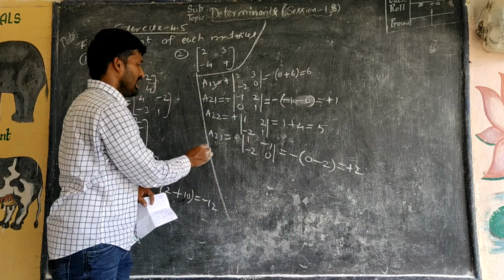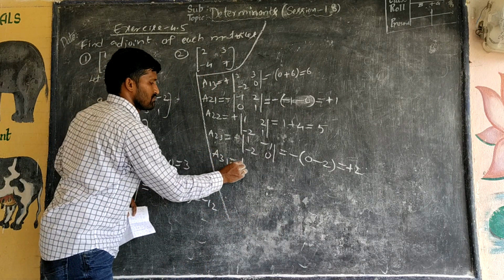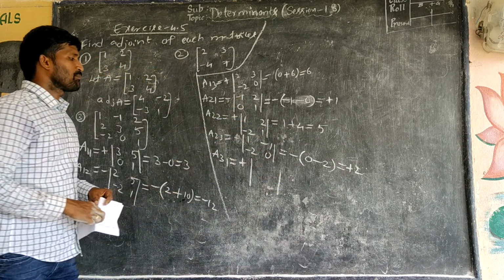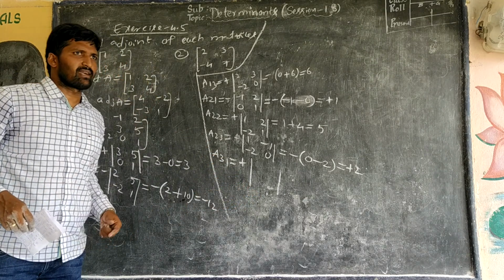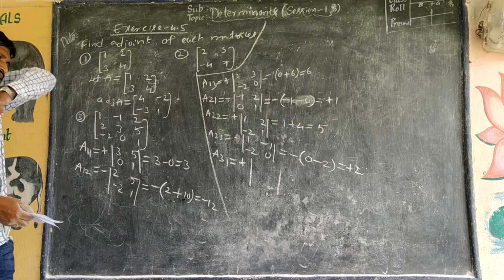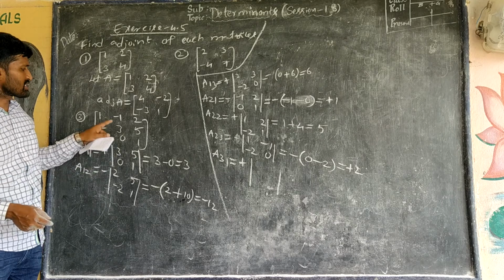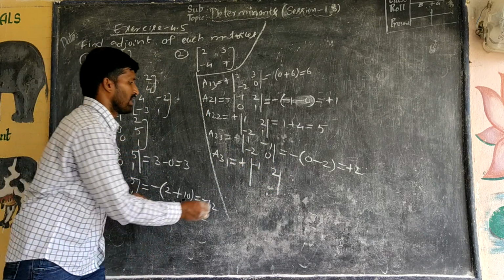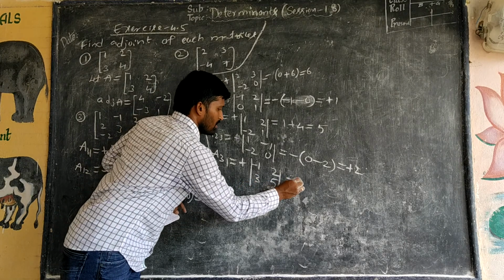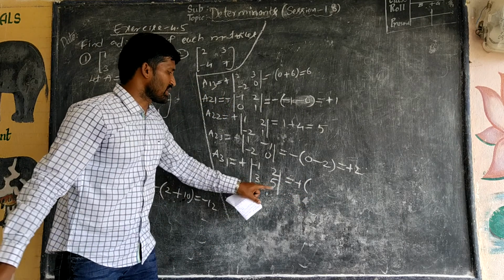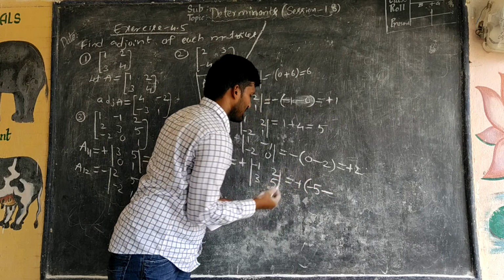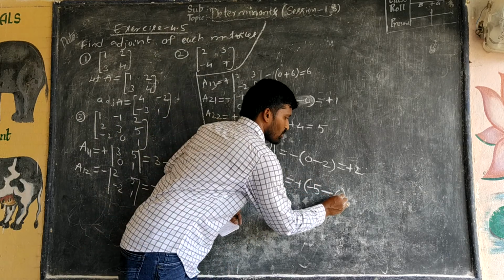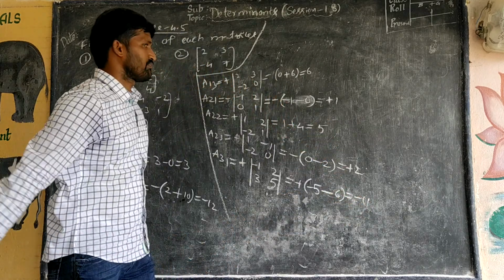Next we need to find A31, sign is plus. Better you write exact values. Third row, first column deleted. Remaining [-1 2; 3 5]. Plus of minus 1 into 5 is minus 5, minus 3 into 2 is 6. Total minus 11.